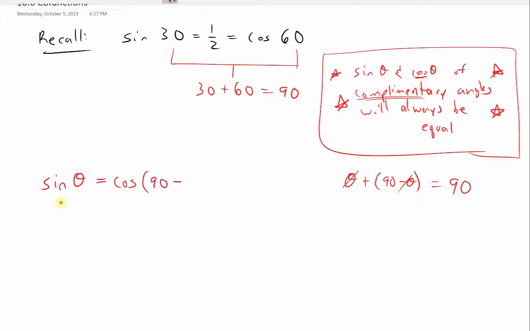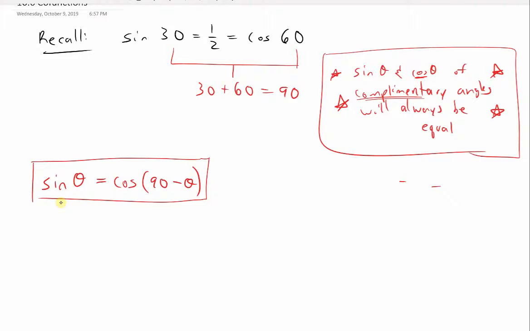And we could say in general that sine of theta is equal to cosine of 90 minus theta. This is our first pair of cofunctions. We call them cofunctions because when you evaluate them on complementary angles, they end up being equal to each other. You'll notice, what's the difference between the words sine and cosine?